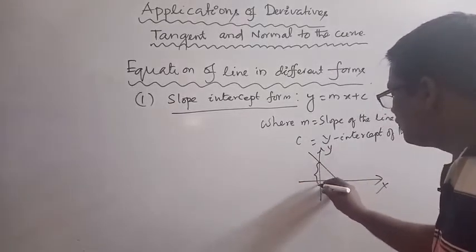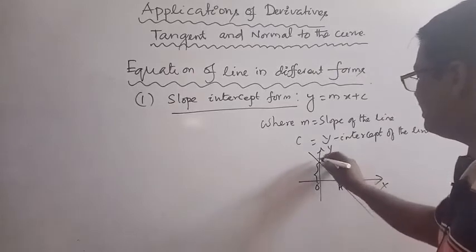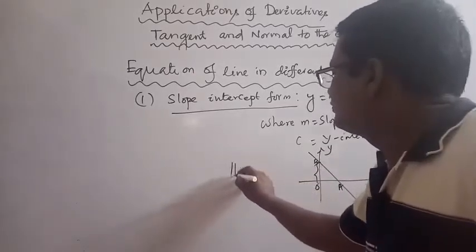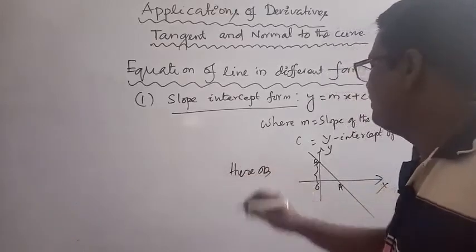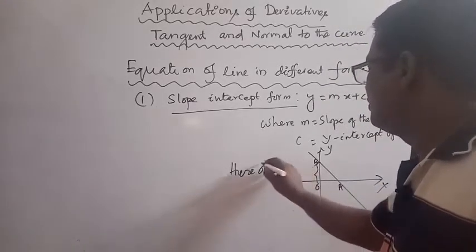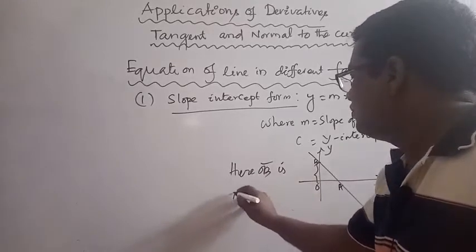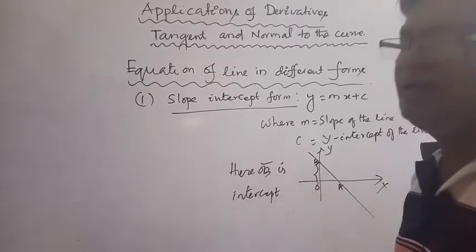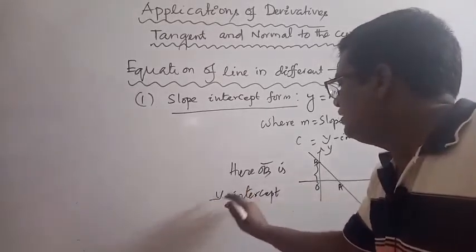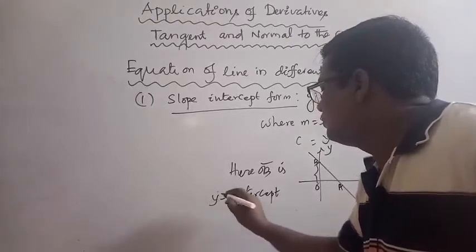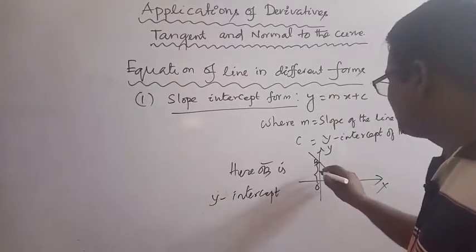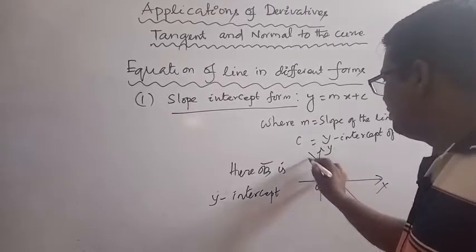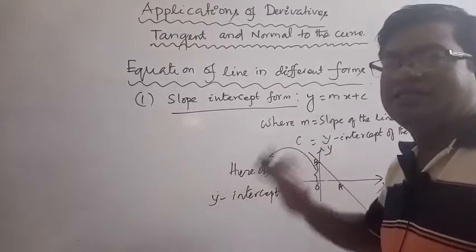Suppose this is O, this is A, and this is B. Here OB is the y intercept. This length, OB, is called the y intercept.